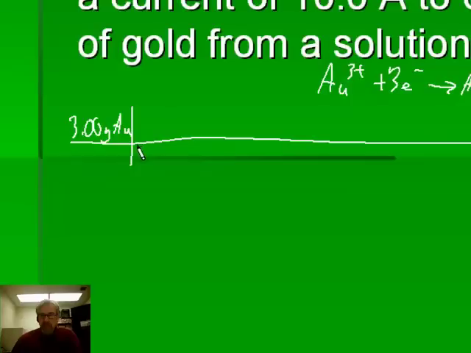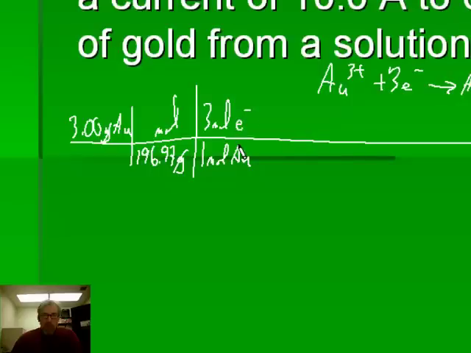First of all, I have to convert my grams of gold into moles, and so I'll use molar mass. It's 196.97 grams of gold per mole. So now I have moles of gold. I want to get to electrical terms here, and so I'll use a mole ratio. 1 mole of gold is reduced every time 3 moles of electrons pass through the circuit.